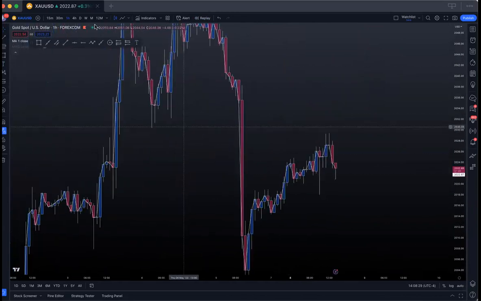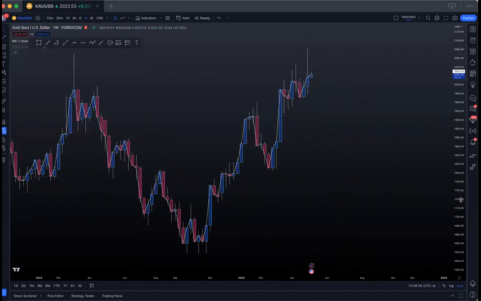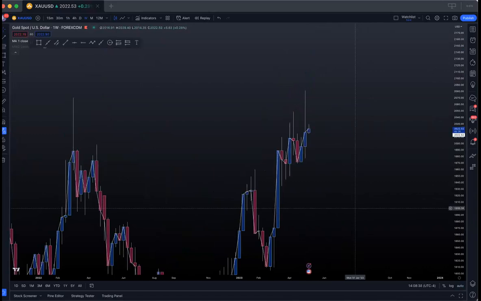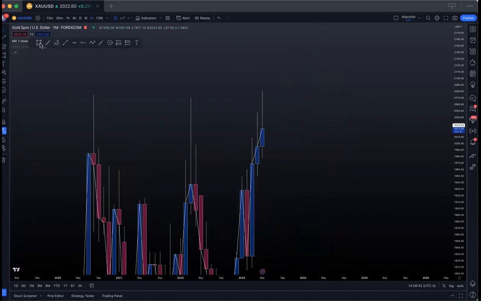Very quickly, what's going on here? So basically, for my logic of this trade, or idea of bullishness, there's a couple monthly breakouts right here.